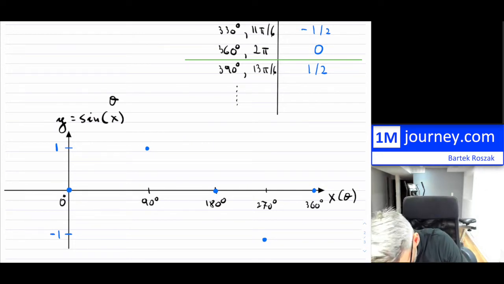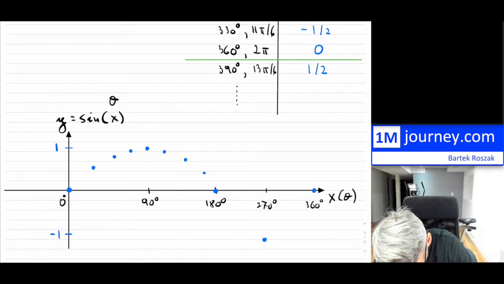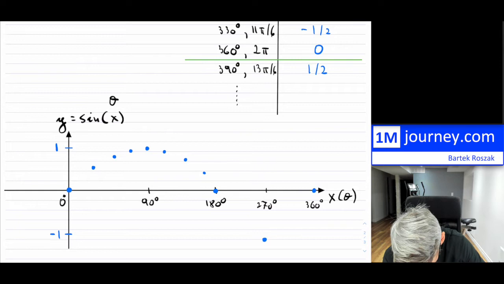Now the values at 30 degrees, 45 degrees and 60 degrees. At 30 degrees, it's about right here, which is 1/2. Then it's square root of 2 over 2. It kind of starts looking like this, and then it starts coming down. Then it goes like that, and again it starts going like this, and then it starts coming back down.